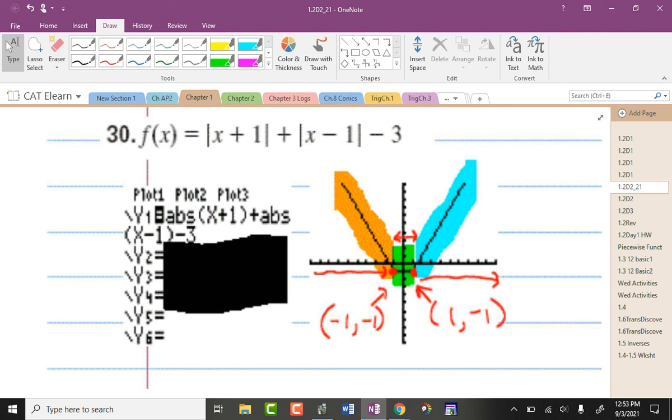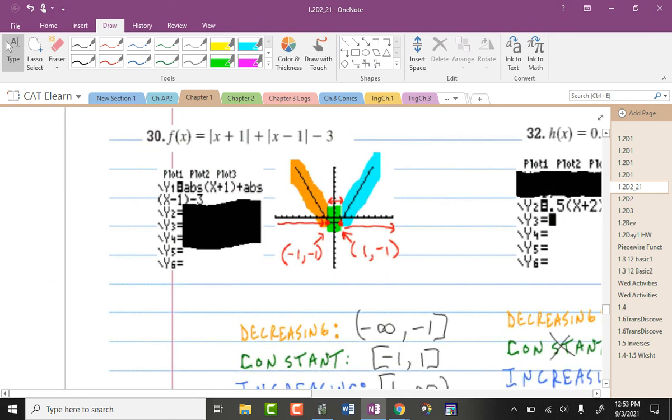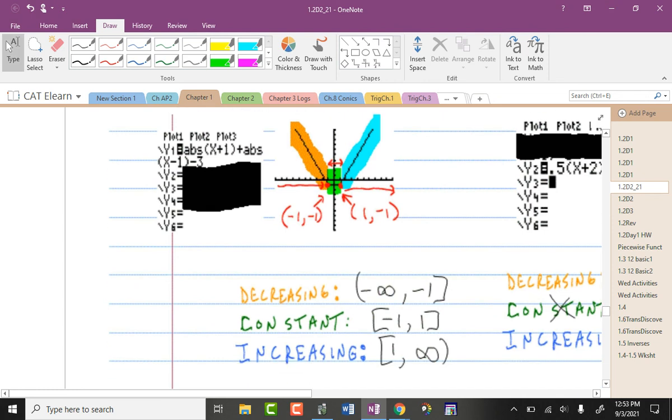It goes like this, then this, and then you maybe use the trace feature to find what these coordinates are, and then you go through the process. I don't think it's that hard. And I do have to change these brackets to parentheses. And notice it's the x's that are named, not the y's.